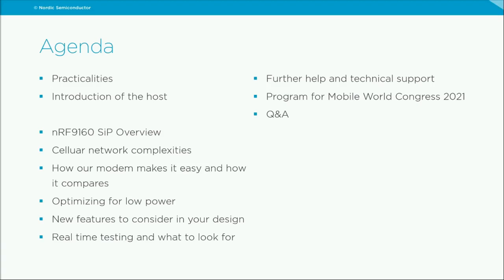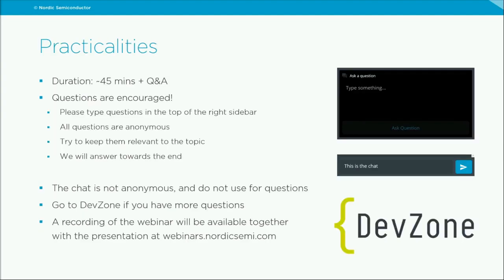And then we're going to look into how you can optimize for low power and using the new features, for example, in the modem firmware 130, that you should consider in your design to decrease your power consumption even more. Then some real-time testing with the Power Profiler Kit 2. And then at the end, we're going to look at the further help and technical support. Then program for the rest of the Mobile World Congress 2021, and then a Q&A session.